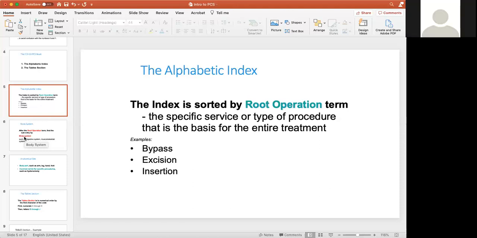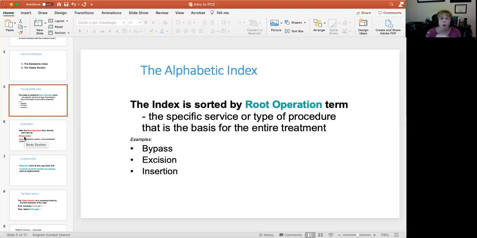So now you know that's a bypass, and you know what the root operation term of a bypass is. And it may be done on the heart, or it may be done on another body part. But the bypass is the root operation term. We'll get to the body parts later, okay?